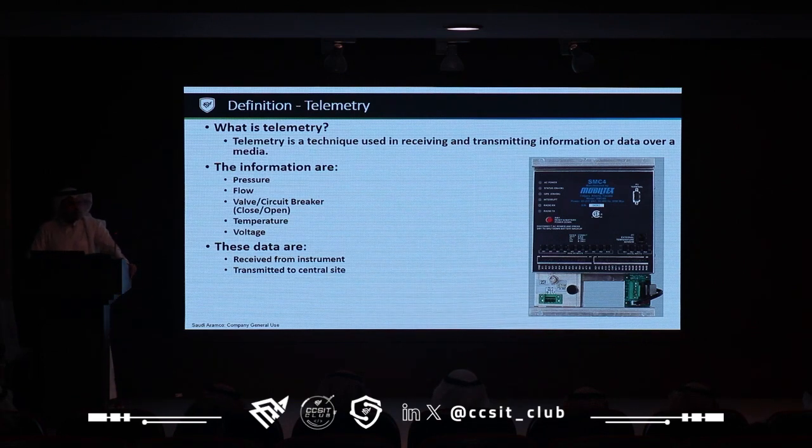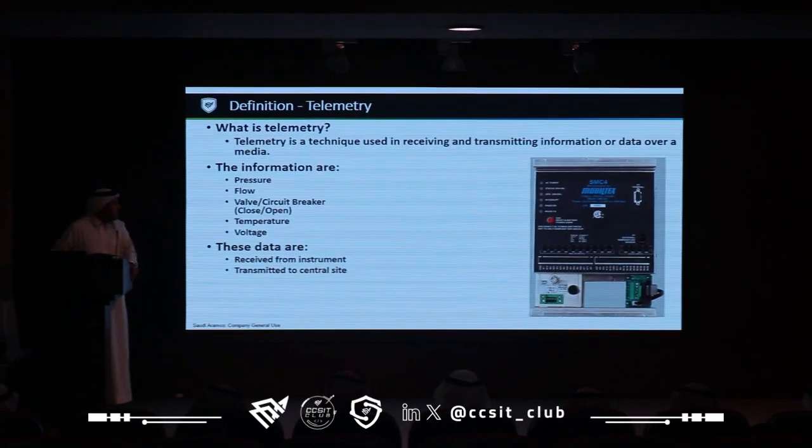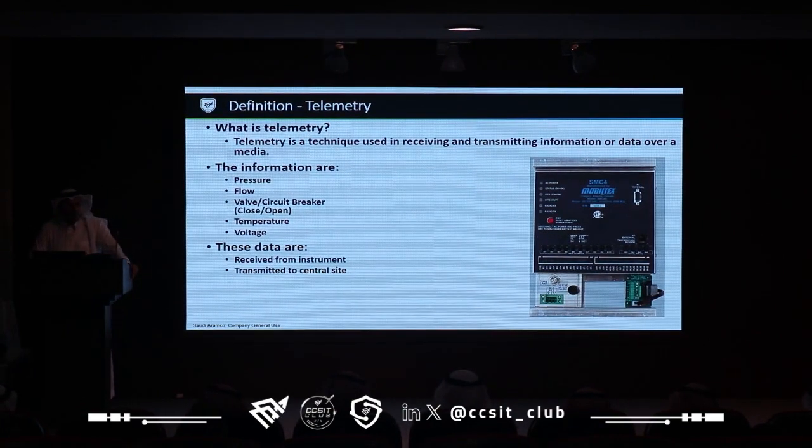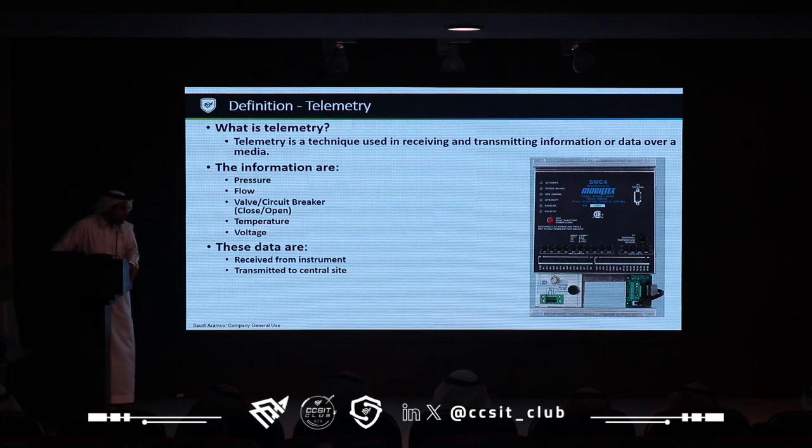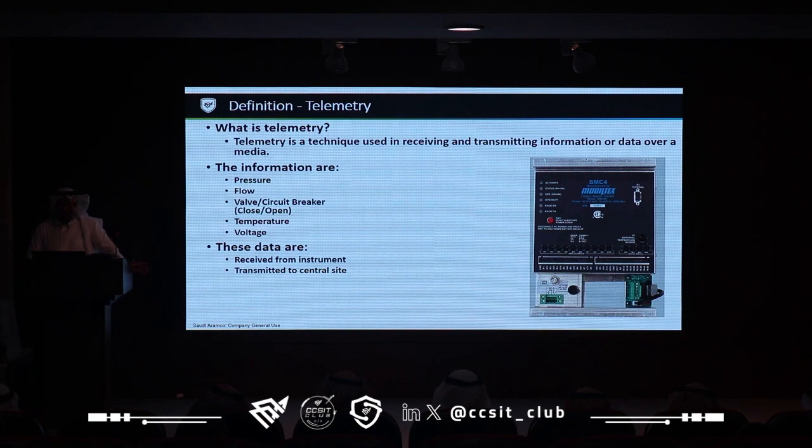You should know this about the field devices. It also includes temperatures and voltage that give you an indication of the status of the field devices. Real time, then? Yes, it's real time. These data are received from an instrument and transmitted to the central site, to the SCADA system, or central machine.